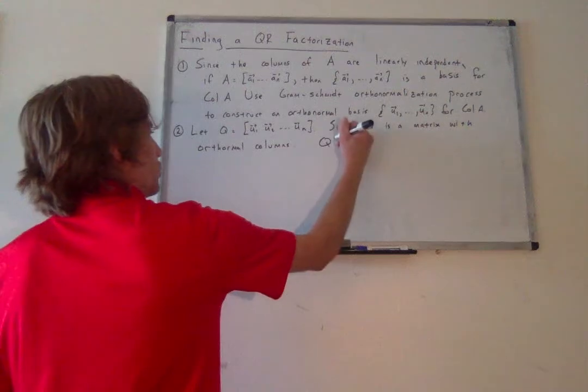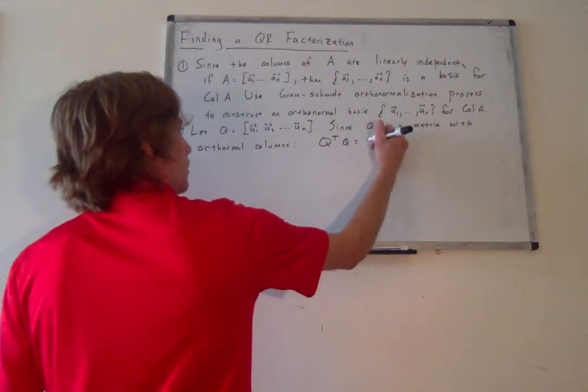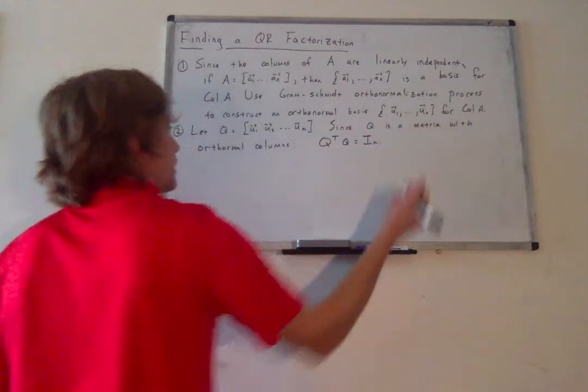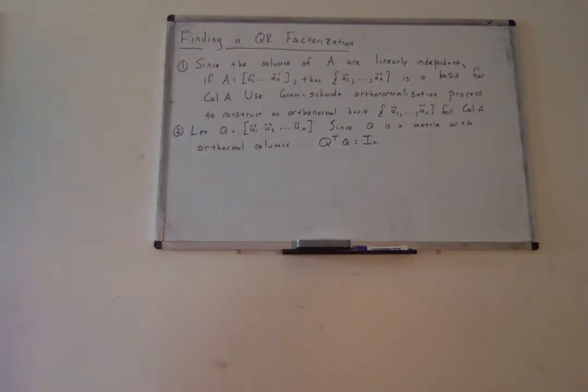Specifically, we know that Q transpose times Q is equal to the n by n identity matrix.